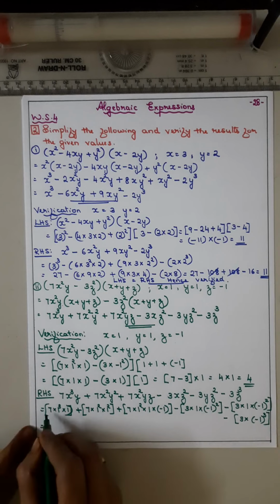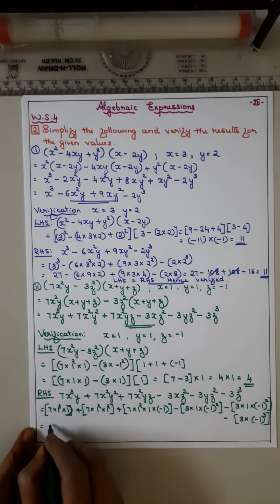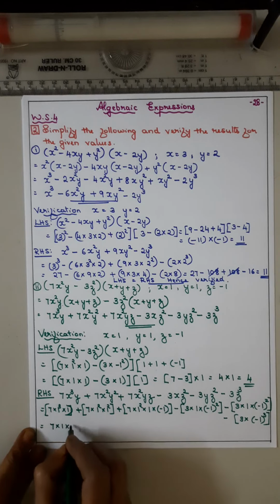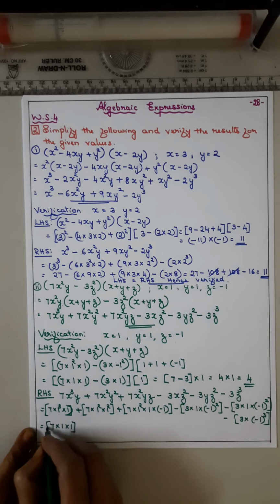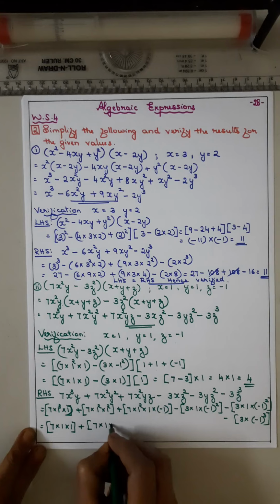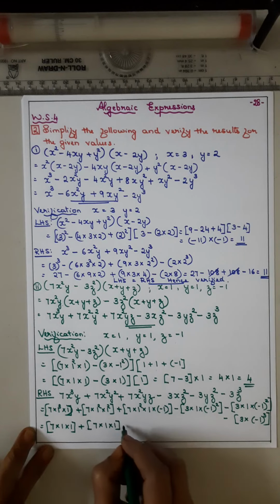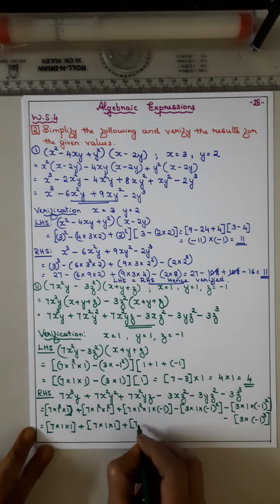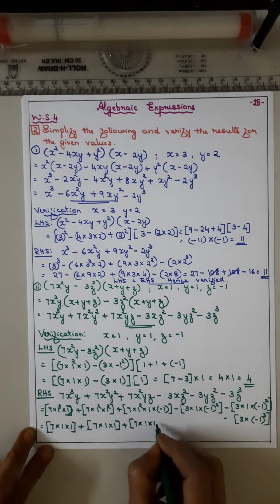Now 7 into 1 into 1, 7 into 1 into 1, 7 into 1 into 1 into minus 1.